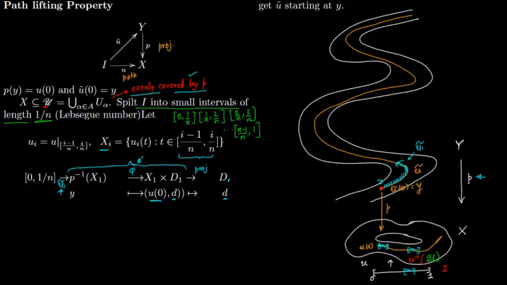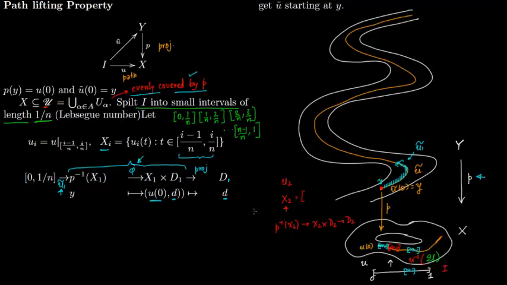Now similarly you can construct u2 tilde for u2. So now you have, say, u of 2. Again for u of 2, you have corresponding x2 here. The first thing is you have corresponding x2, which is nothing but this small part of the path u of 2. Now you will say this is evenly covered. Since this is evenly covered, you have the map p inverse of x2 to x2 times d2, to some d2.